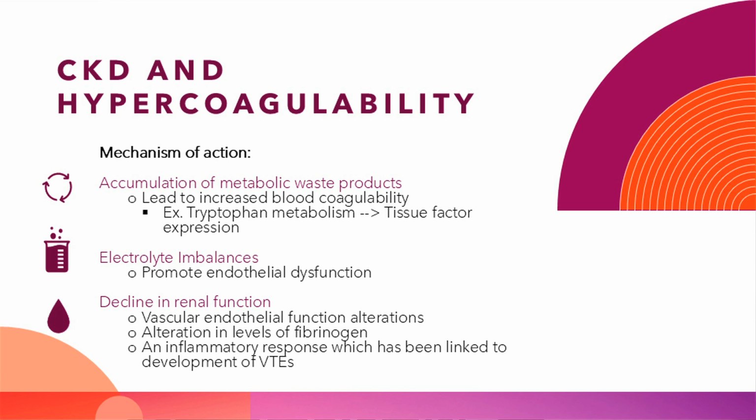Electrolyte imbalances, potassium and calcium, have been shown to cause endothelial dysfunction. And then overall, the decline in renal function is an inflammatory state, which has been linked to the development of VTEs. Again, this is through endothelial function alterations and alteration in levels of fibrinogen, which can lead to fibrin and then cause clot formation.